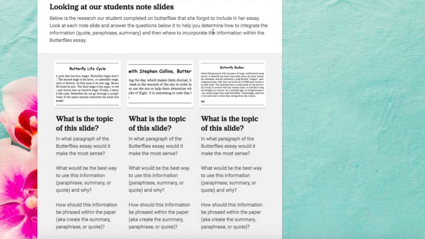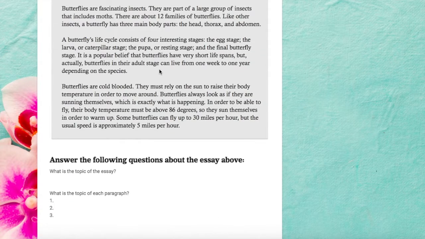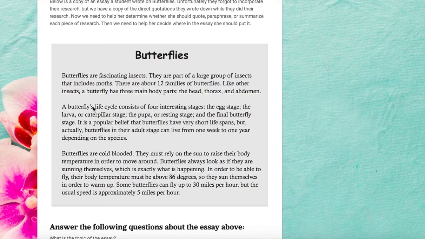When I look at that second paragraph, our second paragraph is about the butterfly's life cycle. A butterfly's life cycle consists of 4 interesting stages: the egg stage, the larvae, the caterpillar stage, the pupa or the resting stage, and the final butterfly stage. And then it says it's the popular belief that butterflies have very short lifespans. Well, that's a completely different topic. So the best place to put our summary is going to be right after that first sentence.